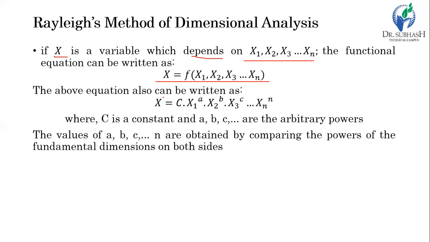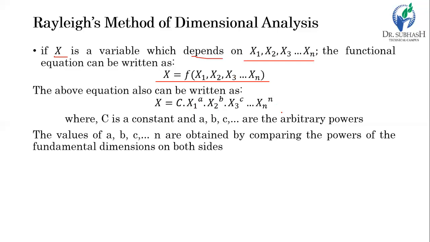The above equation can also be rewritten as x is equal to C, where C is any constant, times x1 raised to a, x2 raised to b, x3 raised to c, and xn raised to n. So a, b, and c here are arbitrary powers.